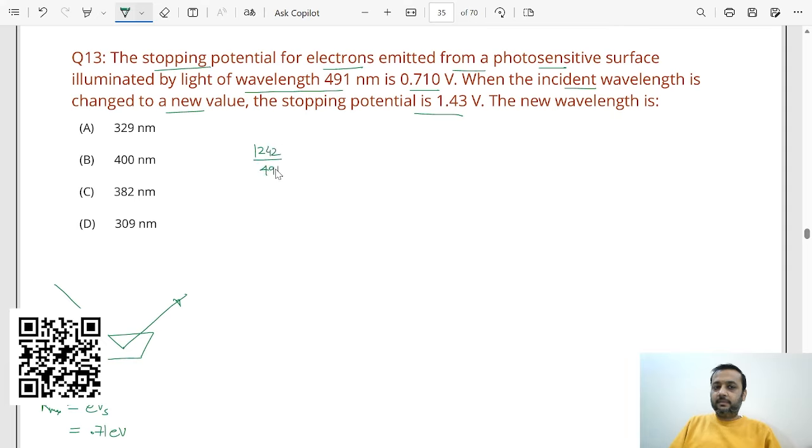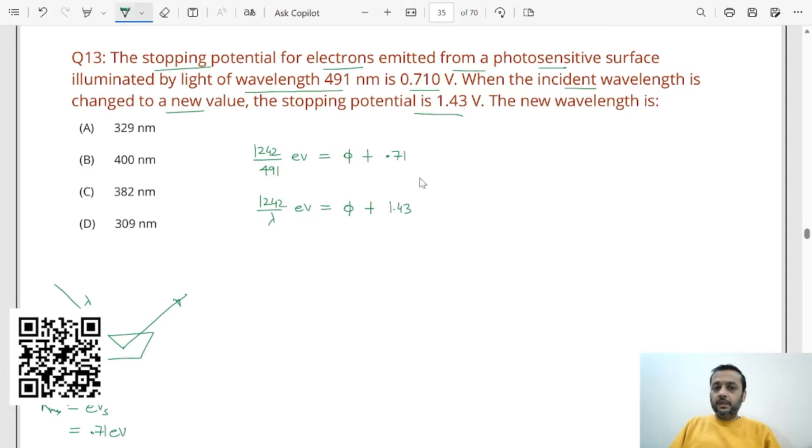This is the energy of the incoming photon in electron volt. Okay, that should equal phi in electron volt plus K max in electron volt, which is 0.71. Okay, in the second situation, the wavelength of the photon has become lambda. So that will be 1242 upon lambda electron volt. That will be phi in electron volt plus K max, which is 1.43 electron volt.